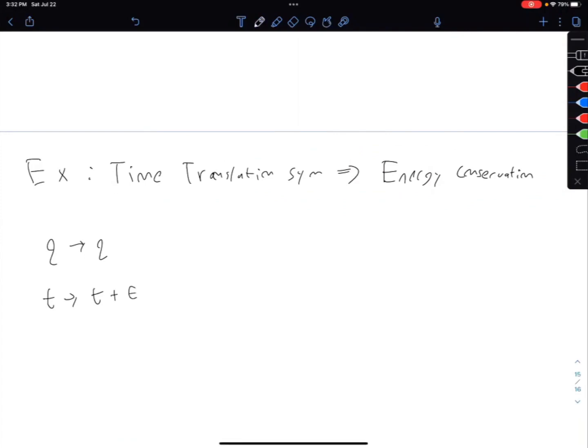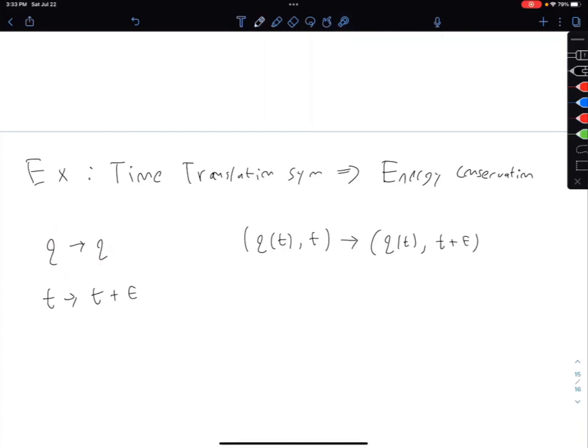Let's now figure out what this does to any path. If you have some path Q of T, I'm just writing the time coordinate and the rest of the generalized coordinates, this is going to become Q of T, because I am not changing Q, and T plus epsilon.